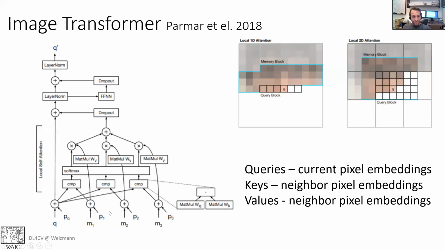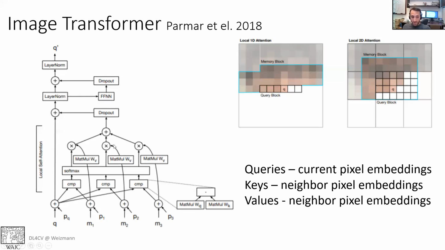So now we have this embedding of current pixels, embedding of the neighboring pixels, and we again do this dot product and softmax to gain the similarities. And then the values are also the embeddings for the neighboring pixels. So what do we gain here if we think about it? Let's ignore all the rest, which is just dropout, normalization and a feed forward.